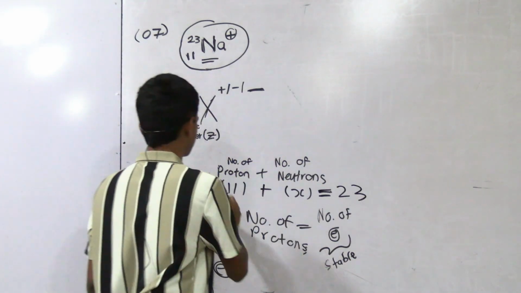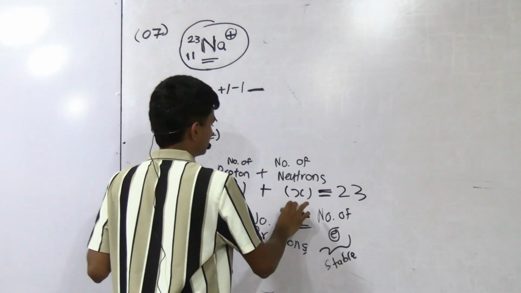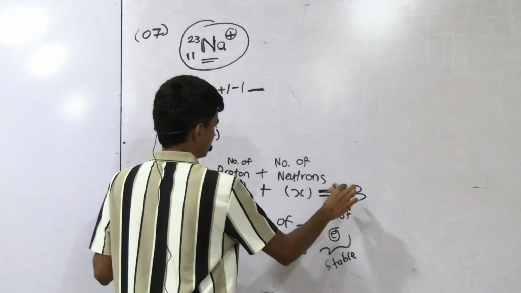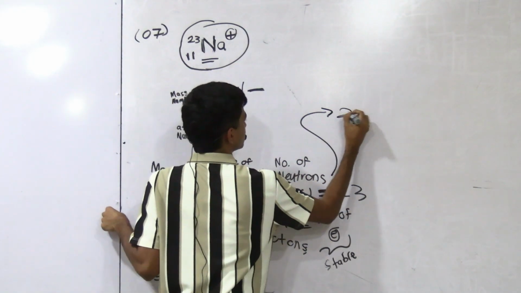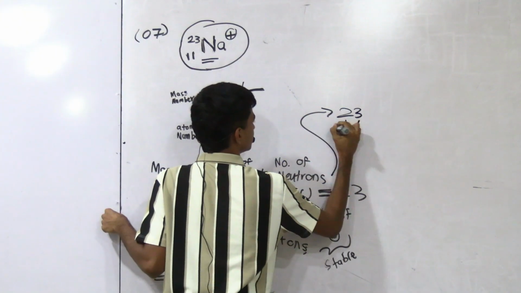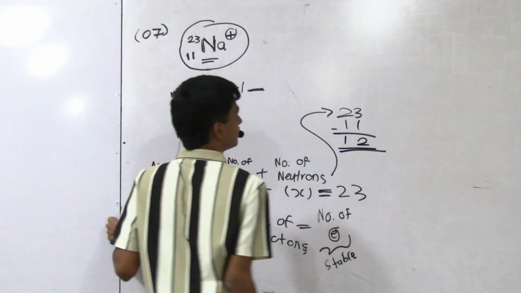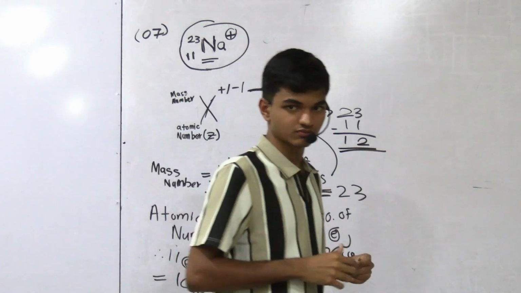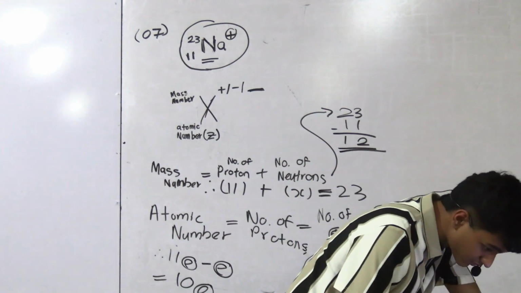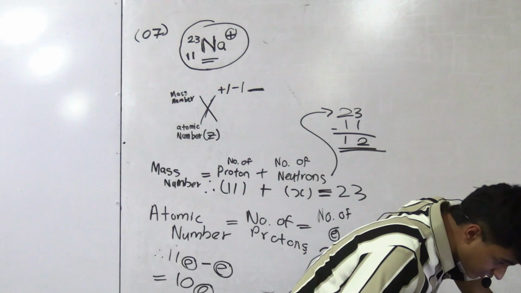It's basic math stuff. 23 minus 11, that's 12 neutrons. The answer is going to be 3.